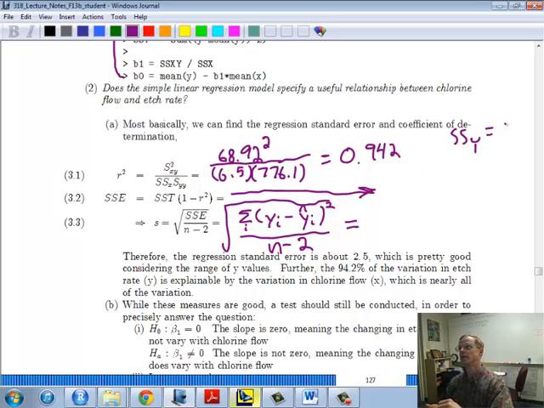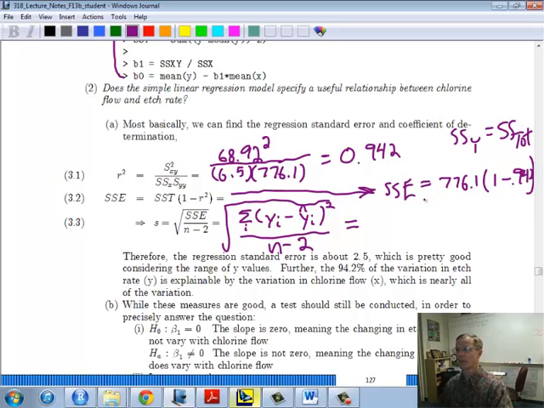The sum of squares y is the same as the sum of squares total. So we can plug in here that SSE is the sum of squares y, which we had already, 776.1, times 1 minus 0.942, and that's going to give us 45.361.